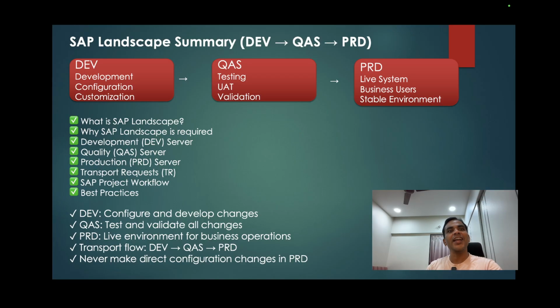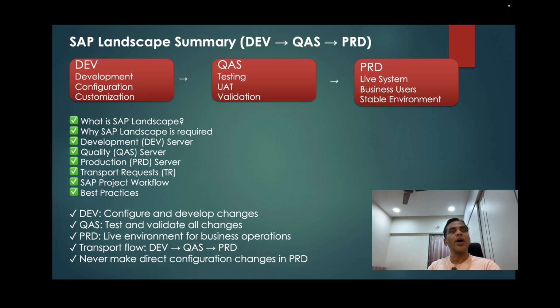The SAP landscape is the backbone of your SAP environment. You can say it is an arrangement of SAP servers used for development, quality and production in a real environment.